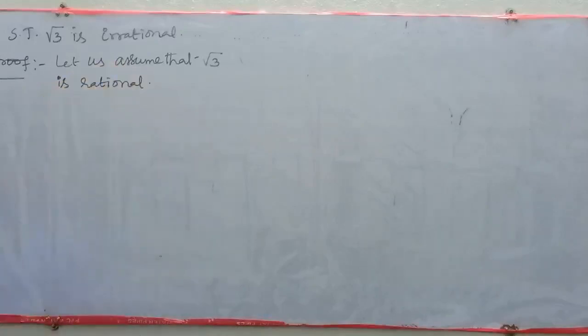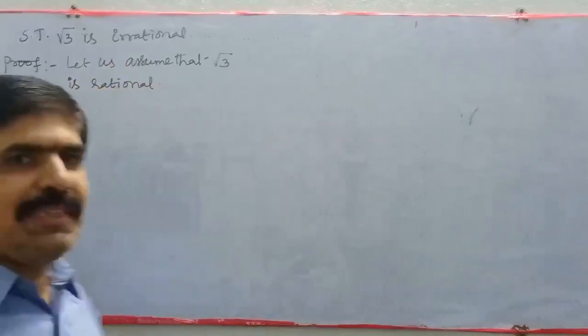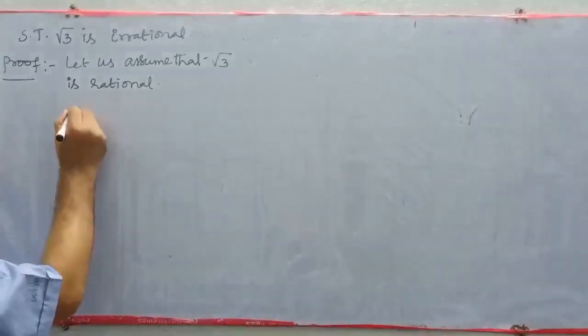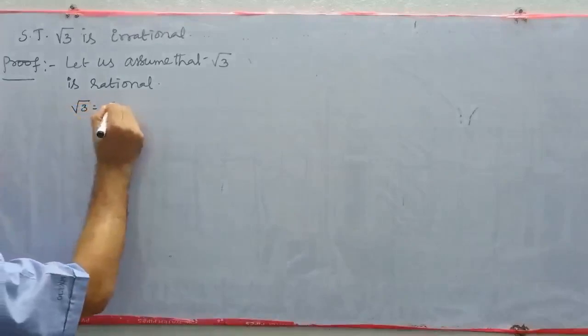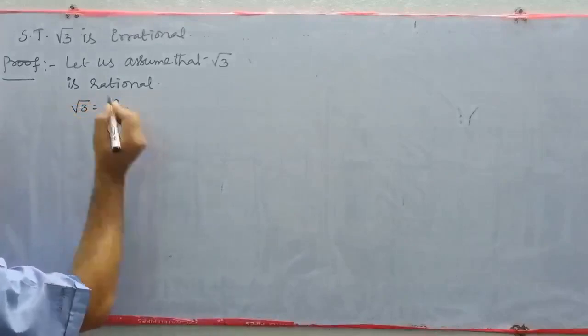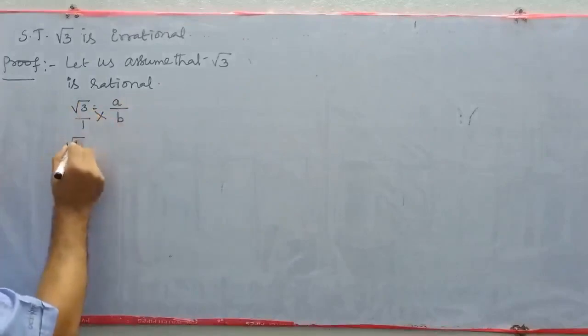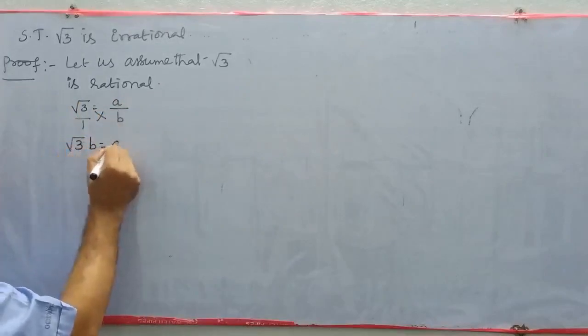So rational number is in the form of p by q, therefore root 3 is equal to a by b. By cross multiplying, we get root 3b is equal to a.